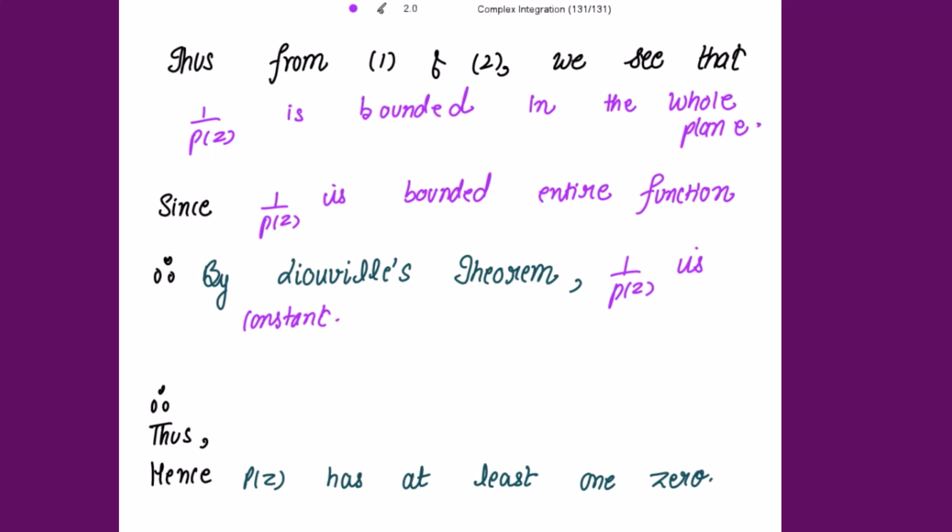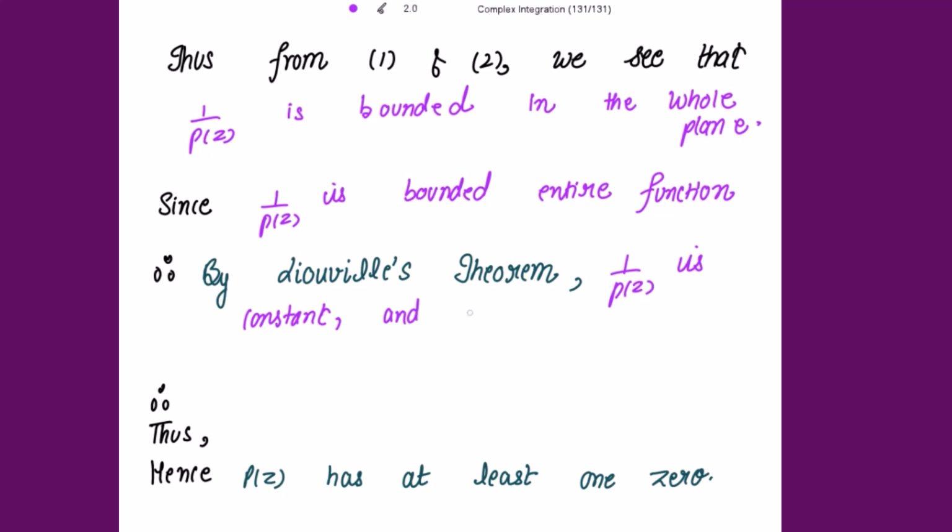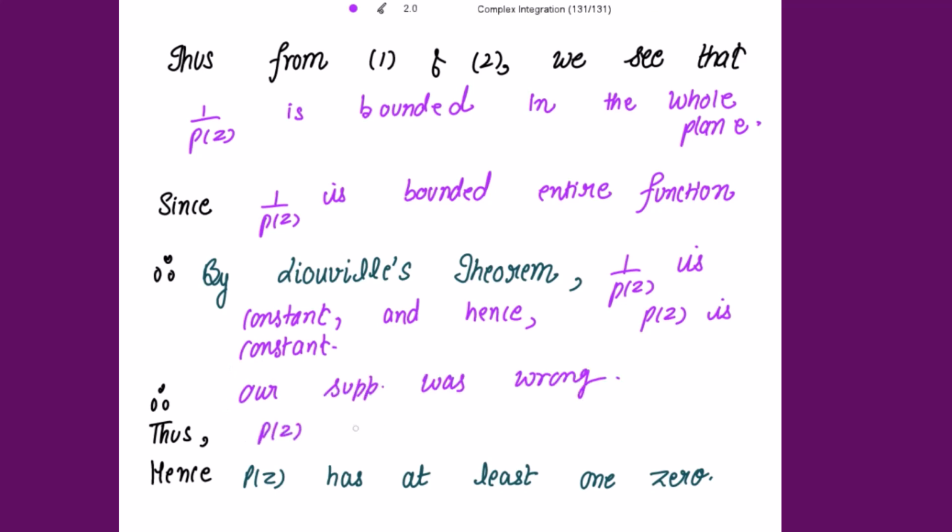It may vanish for at least one z. So therefore, our supposition was wrong. Thus, P(z) vanishes for at least one value of z. Hence, P(z) has at least one zero, right?